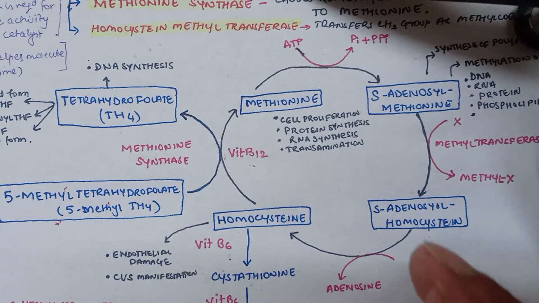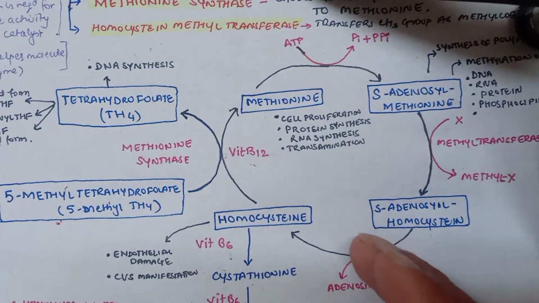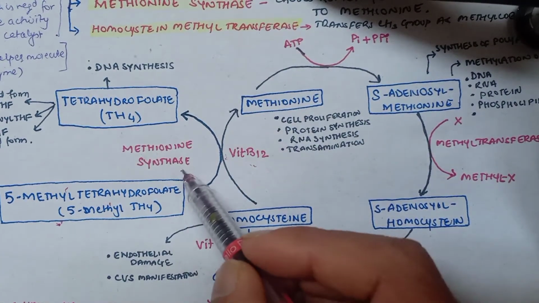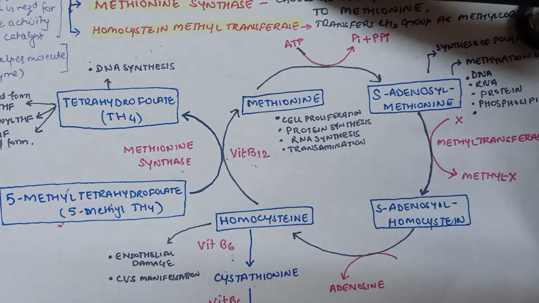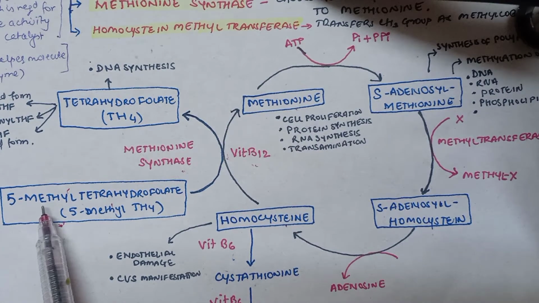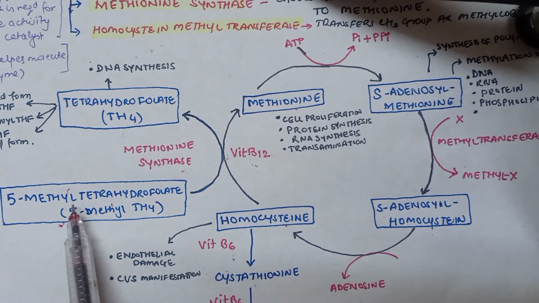Now coming to vitamin B12 and homocysteine metabolism. Methionine synthase is a vitamin B12 dependent enzyme that catalyzes the formation of methionine from homocysteine using 5-methyl tetrahydrofolate. This 5-methyl tetrahydrofolate will act as a methyl donor.